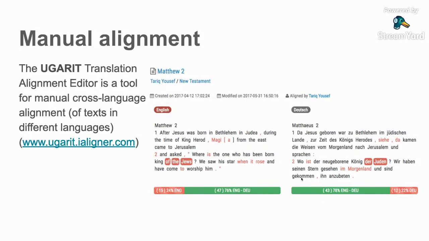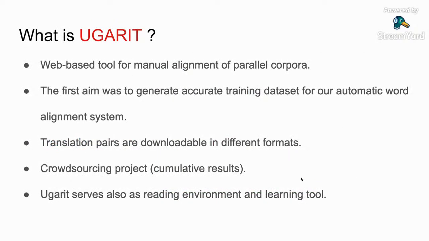provided by this tool. So originally, Ugarit was a sort of crowdsourcing project in a way. We designed Ugarit in order to generate training data sets, to provide, again, training data for automatic systems of text alignment. But over the course of these few years, we started in 2017, Ugarit has also been used for a variety of other purposes.